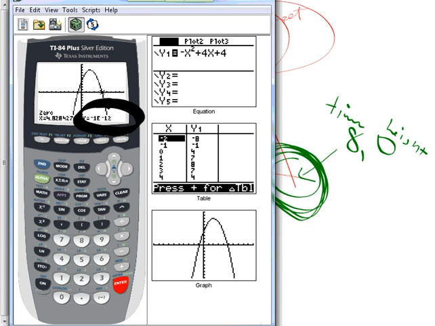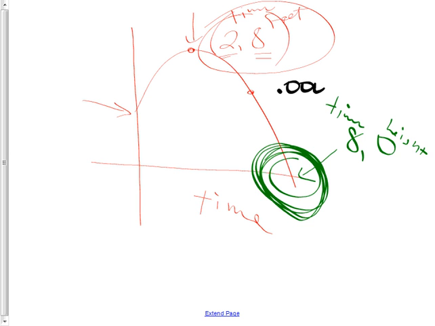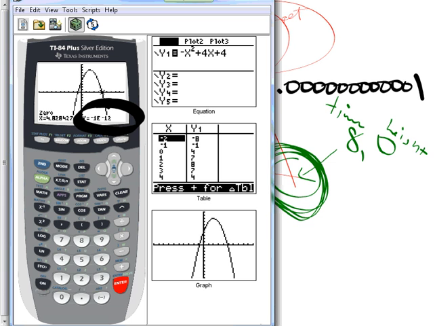Would you agree that -1 point with a decimal point moved 12 spots to the left of it is really close to 0, isn't it? So when it says something like that, it means 0. So that's the 0. And it was at 4.82 seconds.